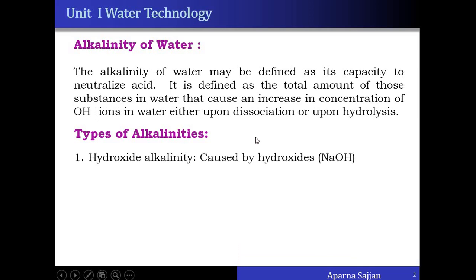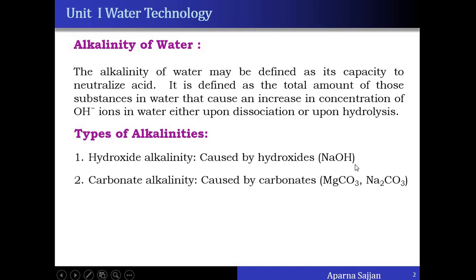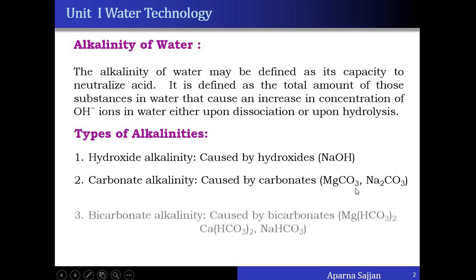There are three different types of alkalinities. The first one is hydroxide alkalinity, which can be caused by hydroxides. The second type of alkalinity is carbonate alkalinity, which is caused by the presence of substances, carbonates, for example, magnesium carbonate.